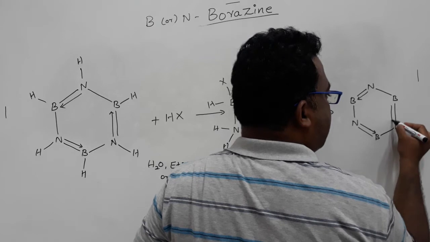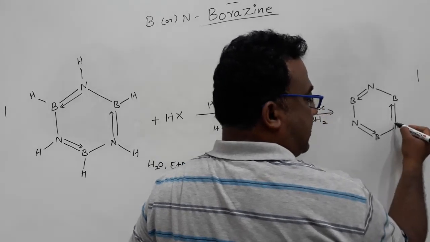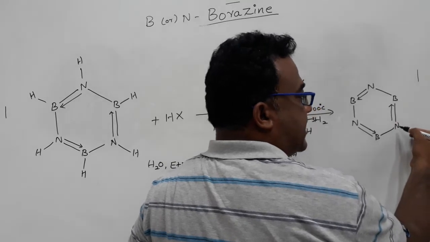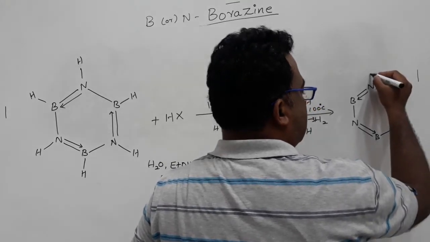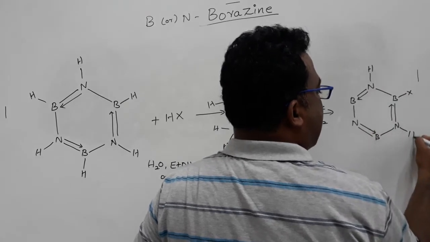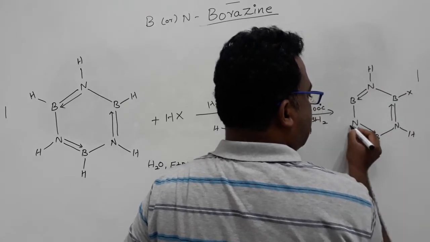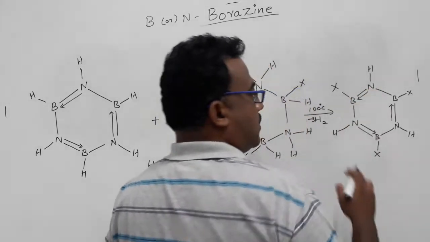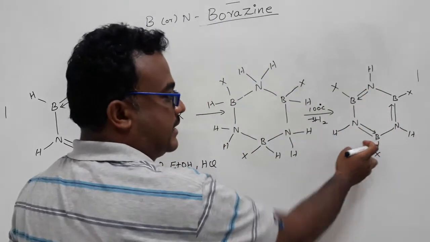When you are putting the double bond, you have to be very, very careful that electron density should move from nitrogen to boron, because nitrogen has more electron density than boron. Boron having X, nitrogen having hydrogen. Yes, again you get back the aromaticity.